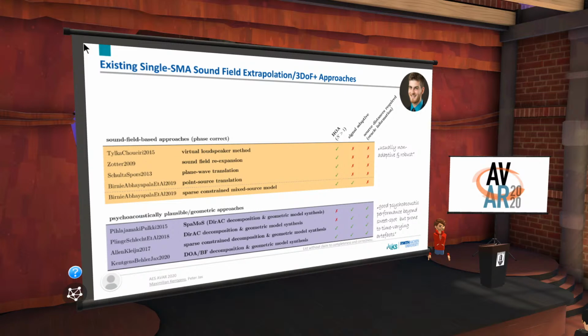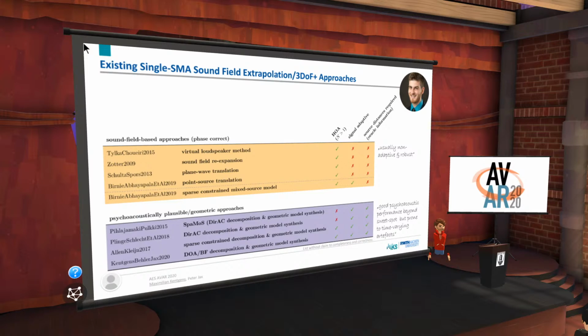They are usually non-adaptive and robust, and they don't require source distance information, but they are limited to translations within the sweet spot. One special role is played by the very impressive work by Bernie et al., who used sparse constraints on the signal, and with the help of compressed sensing they also achieve very good performance beyond the sweet spot.